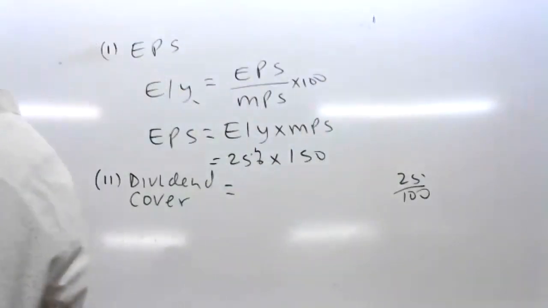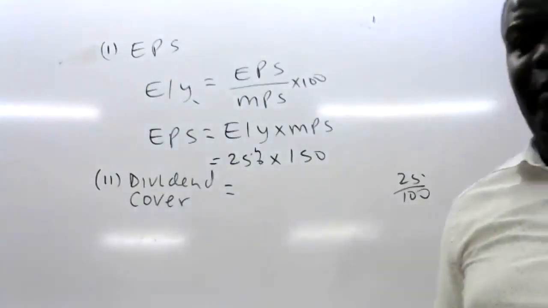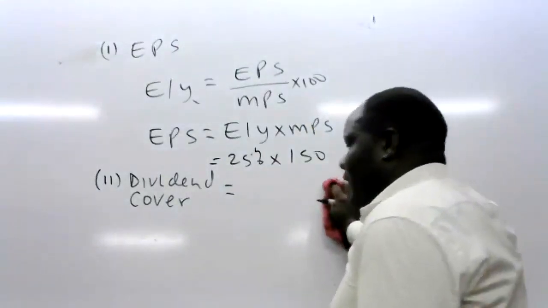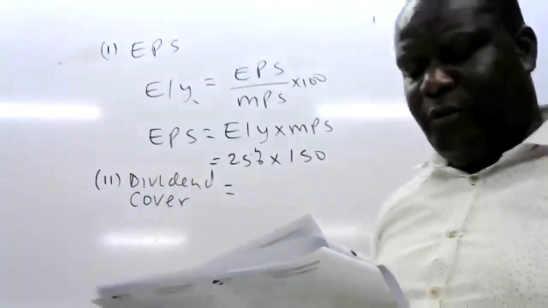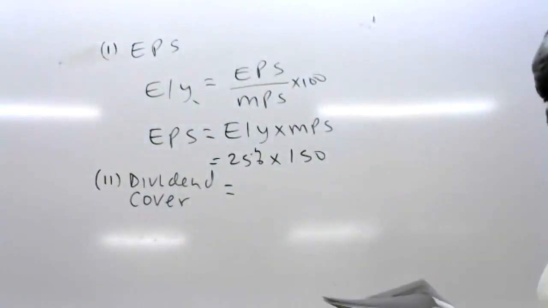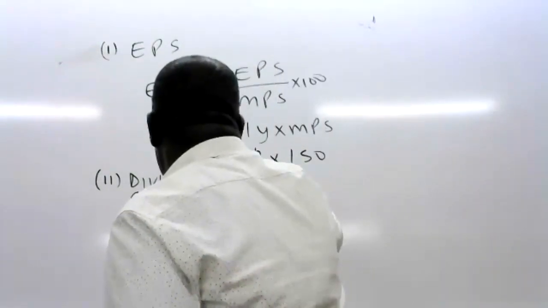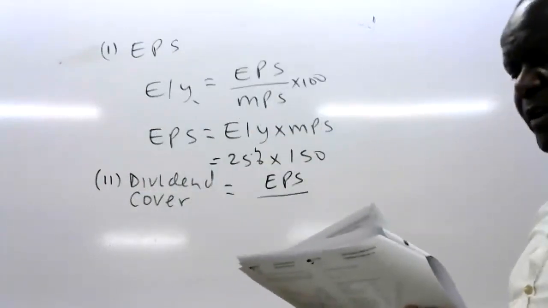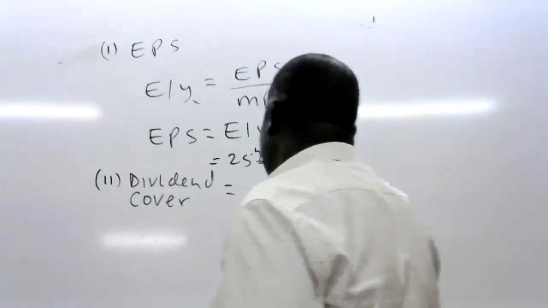So let us now go to this particular dividend cover. For us to get the dividend cover, we use the second formula. The dividend cover is given by earnings per share divided by the dividend per share.